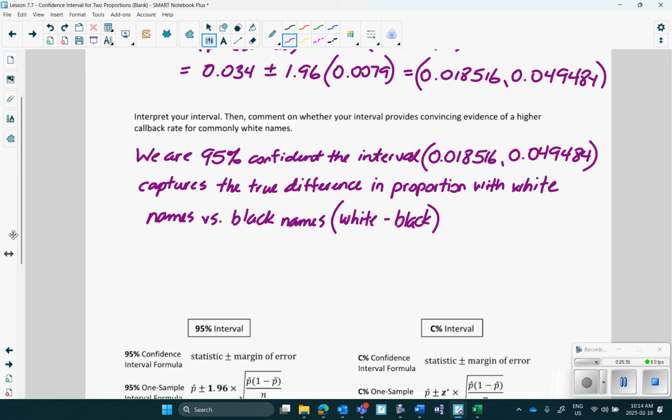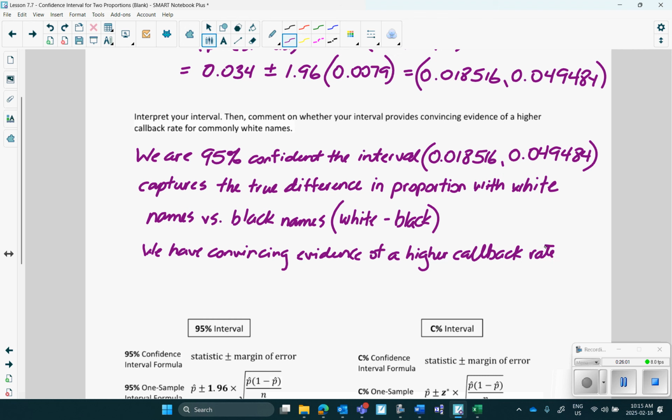That means we have convincing evidence of a higher fallback rate for white names. Suggests discrimination.